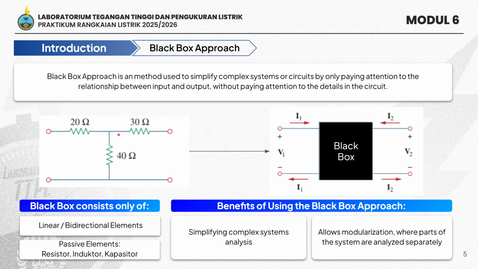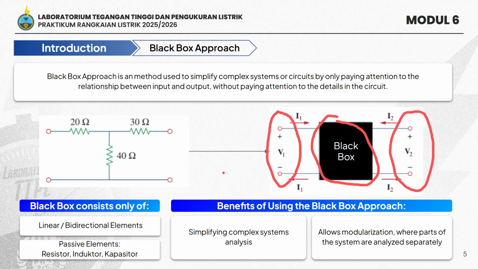But in the black box approach, we can ignore the resistors in the circuit and simply simplify the circuit into a black box. It is named after the black box approach itself, and we can just review it by the input and the output. Okay, so that's the simplified idea of the black box approach.